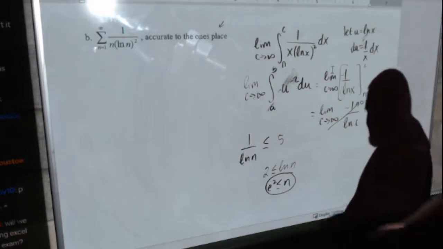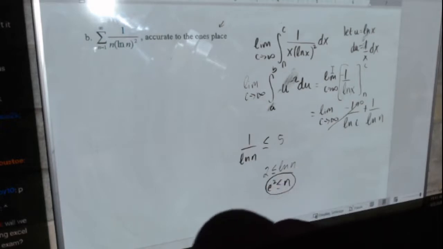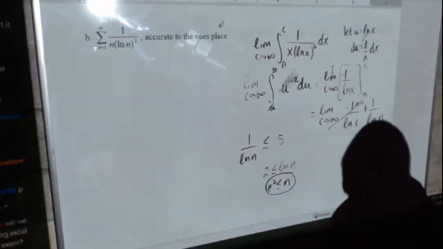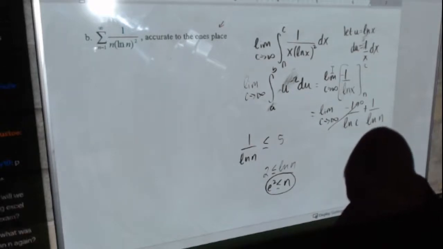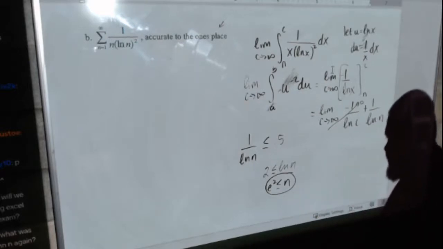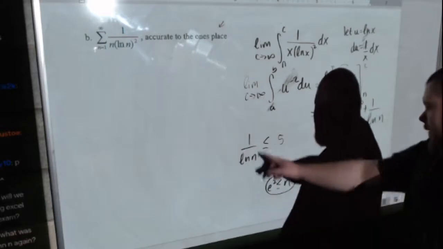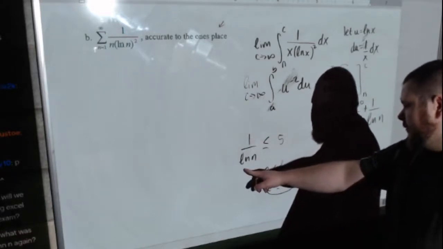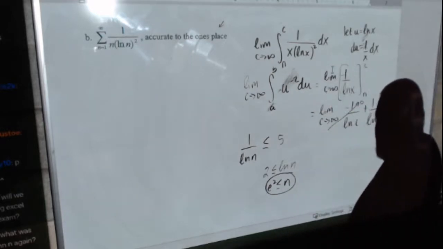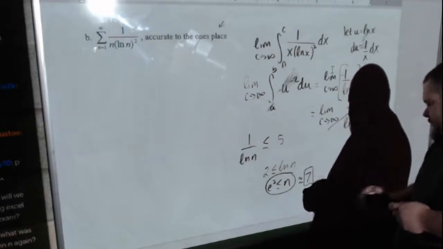So if I go to do this on Excel, e squared is approximately 7.38. So it's telling me I need about 7 terms. How did I get 2? 1 divided by 0.5 is 2. Move the log n to the other side. So it's saying about 7 terms.